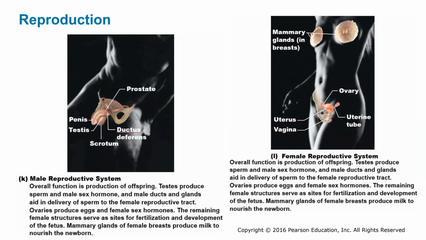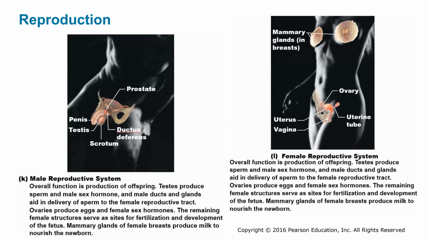Testes also produce sperm and male sex hormones, and male ducts and glands aid in the delivery of sperm to the female reproductive tract. Ovaries produce eggs and female sex hormones. The remaining female structures serve as the site for fertilization and development of the fetus. Mammary glands of the female breast produce milk to nourish the newborn.